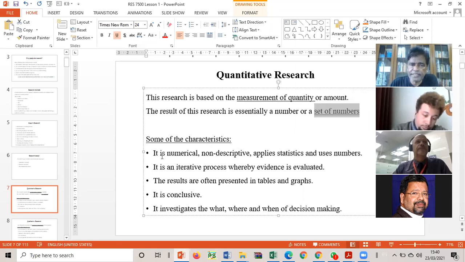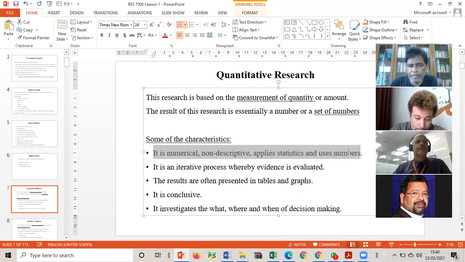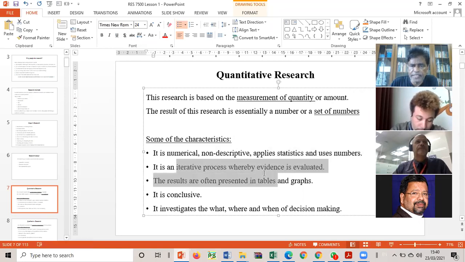So some characteristics: numerical, non-descriptive, you're not asking why you are choosing certain numbers. Apply statistics and use numbers. It's an iterative process whereby evidence is evaluated. Results are often presented in tables and graphs, unlike qualitative studies. It's conclusive.